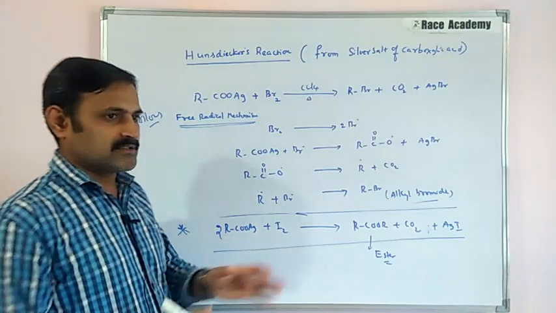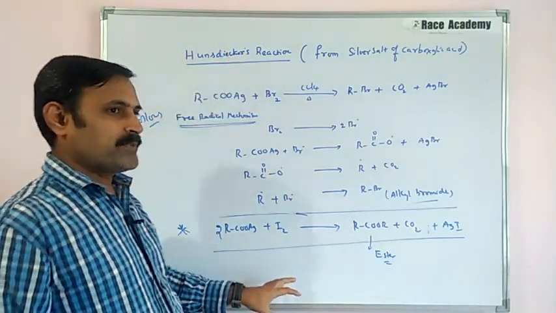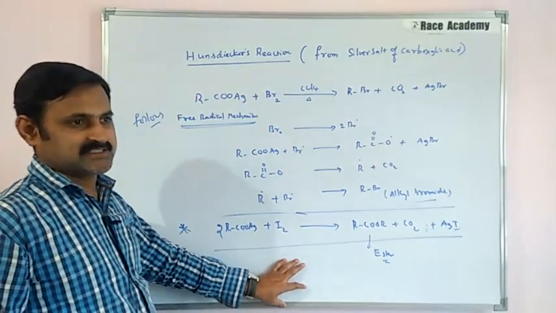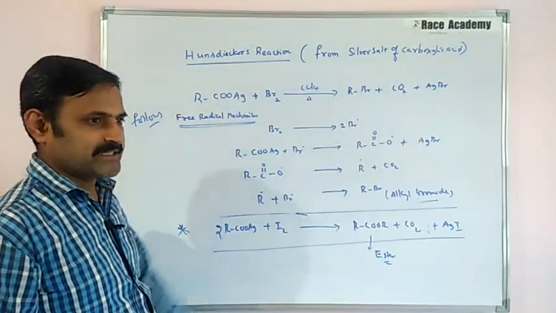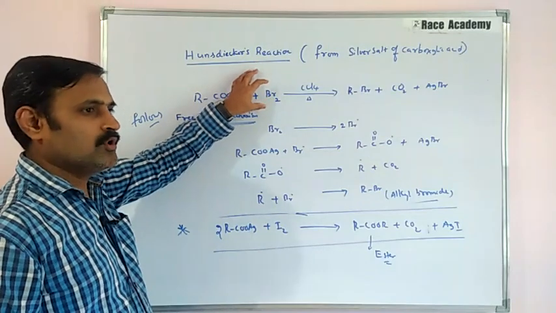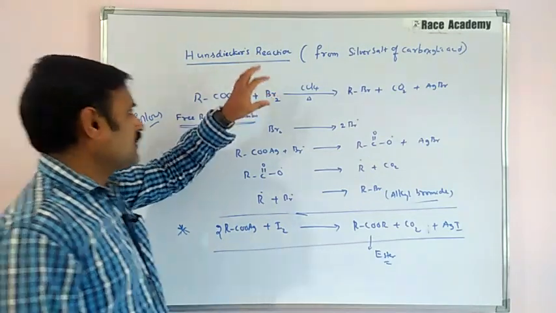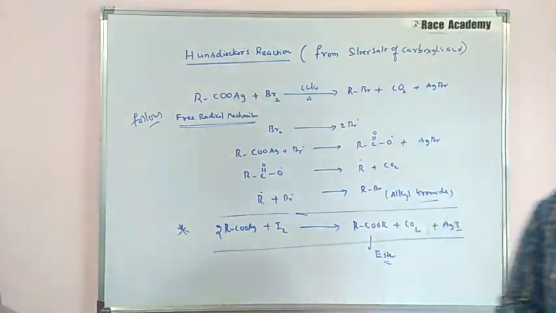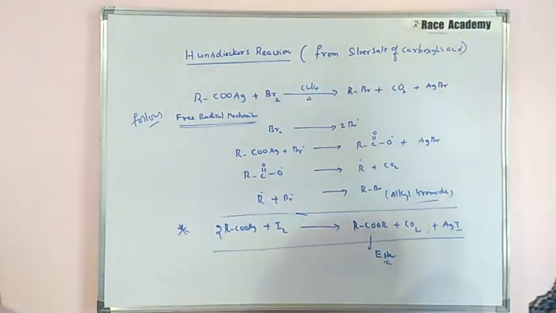We have to remember this for iodine cases. So the iodine case is eliminated. You can do the Hunsdieker reaction only with either chlorine or bromine for the preparation of alkyl halides.